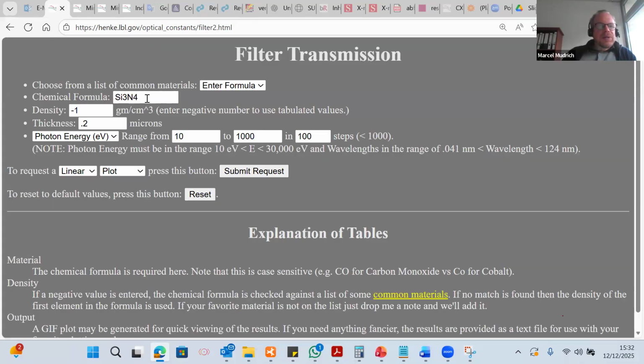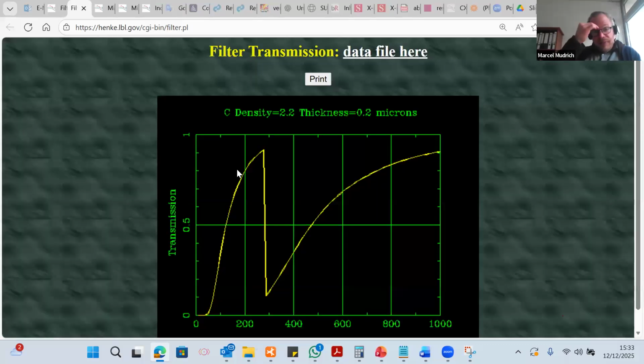So let's say we are interested in carbon, diamond, between 10 and 1000 eV. The thickness is 0.2 microns, so 200 nanometers, quite a thin layer, but that gives us this transmission curve here.